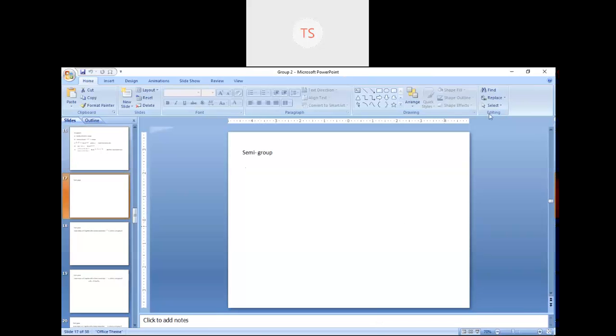Now this semi-group, as the name itself gives the idea, satisfies some properties of a group. Because now tell me, how many properties must be satisfied by a set to form a group?